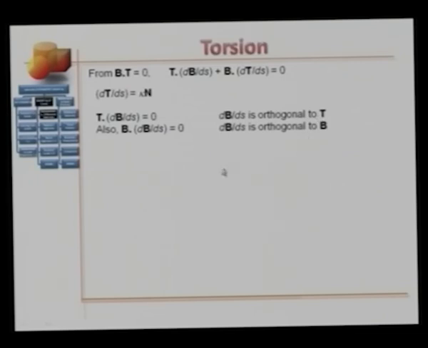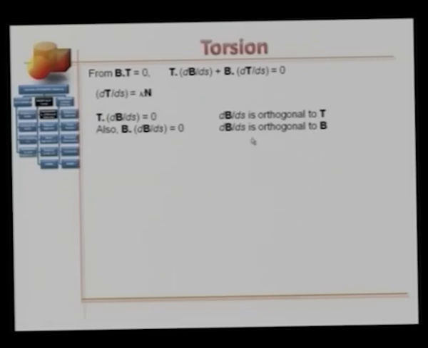Also, if we differentiate b dot b with respect to s, we will see that b dotted with db over ds equals 0, implying that db over ds is orthogonal to b.